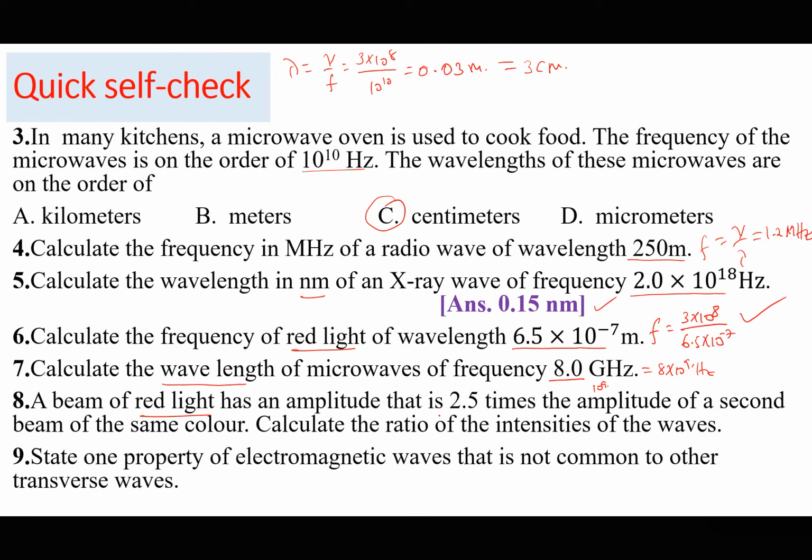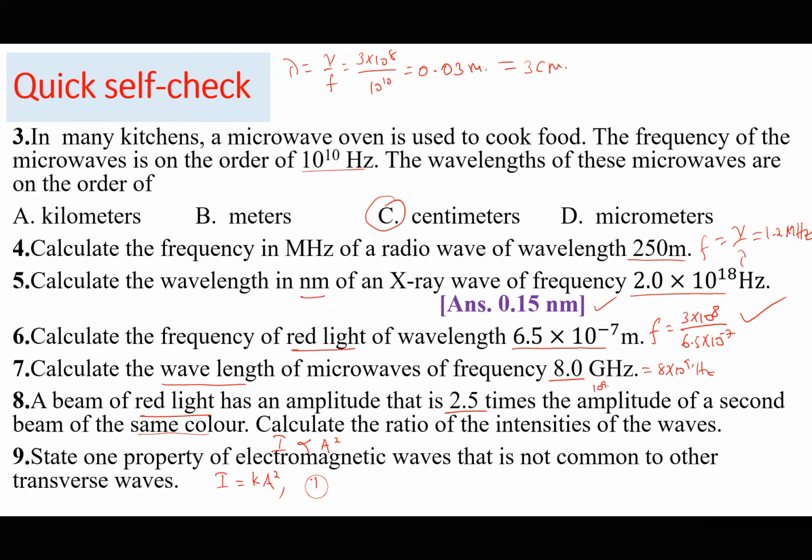A beam of red light has an amplitude of 2.5 times the amplitude of a second beam of the same color. Calculate the ratio of the intensities of the waves. So remember, intensity is directly proportional to amplitude squared. I don't have enough space here, but I will use the bottom. For the second beam, let's say its intensity is I2 equals K times A squared.